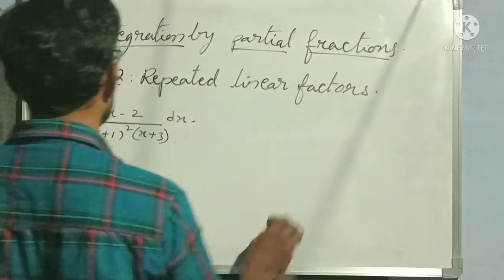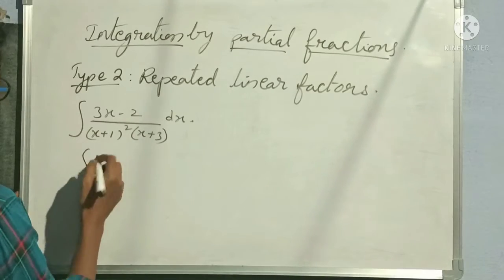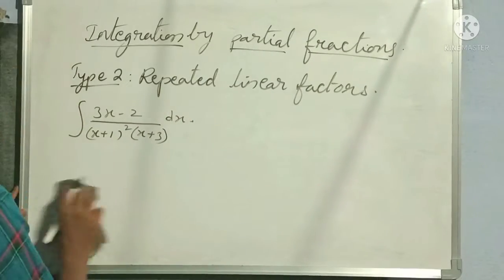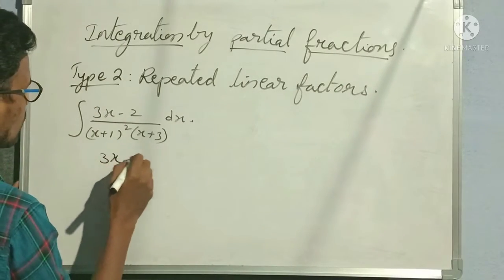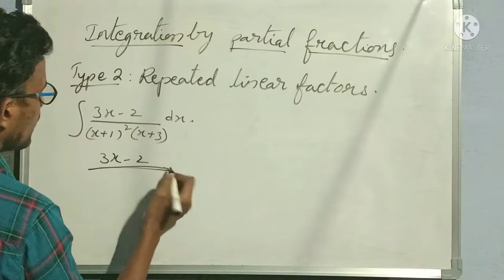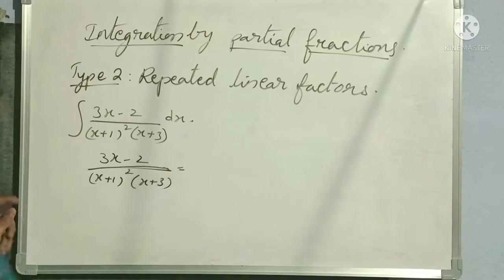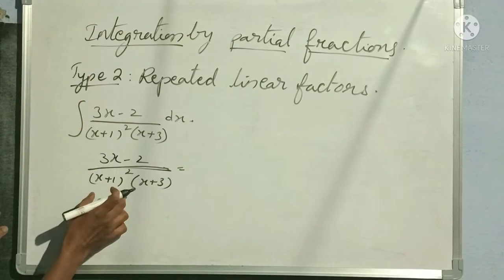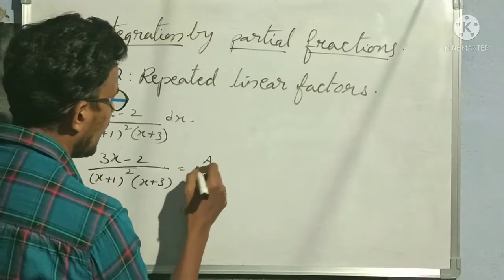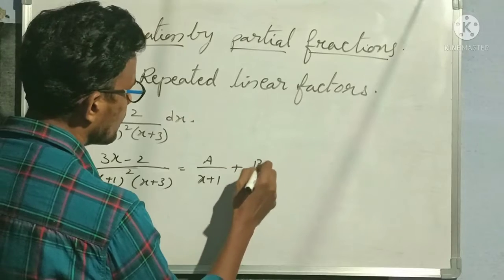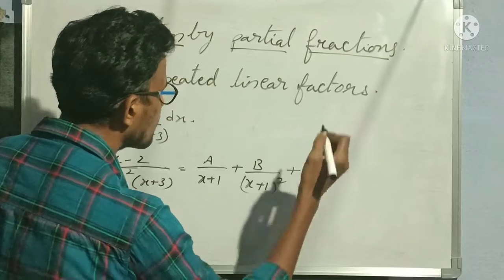So how to solve repeated linear factors? Before doing integration, let us convert that into partial fractions first of all. That is (3x minus 2) divided by (x plus 1) whole square into (x plus 3) is equal to, whenever we see repeated linear factors, the same we have to do here also: A by (x plus 1) plus B by (x plus 1) whole square plus C by (x plus 3).